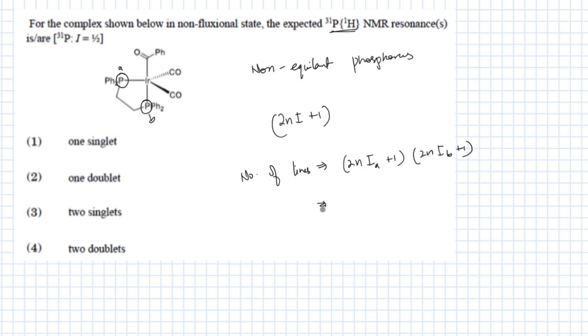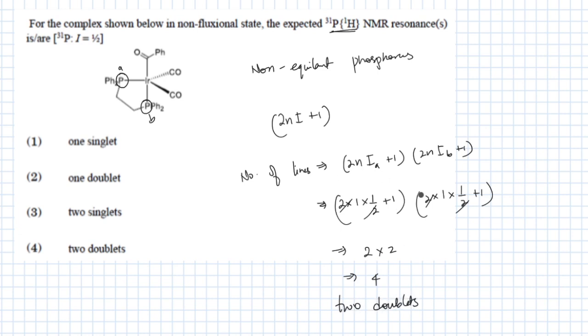You can just substitute the values. So 2 into 1, you have 1 phosphorus of A type and half is the I value given to you in the question already, and here you have 2 into n value 1, also half, plus 1. If you solve this, you are getting 2 into 2, that means you are getting 4 lines, or you can say you are getting 2 doublets.